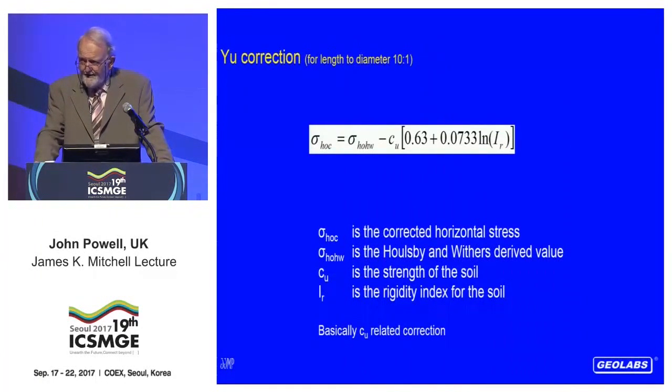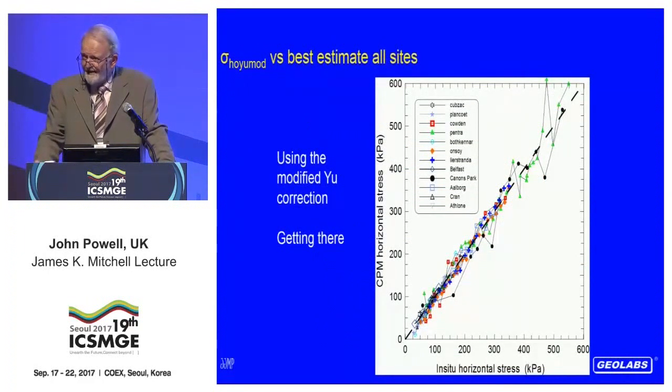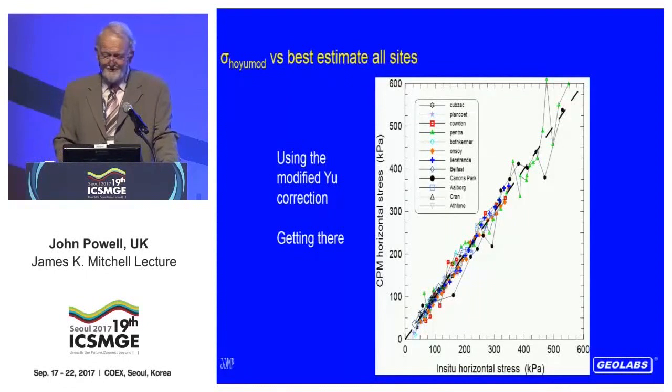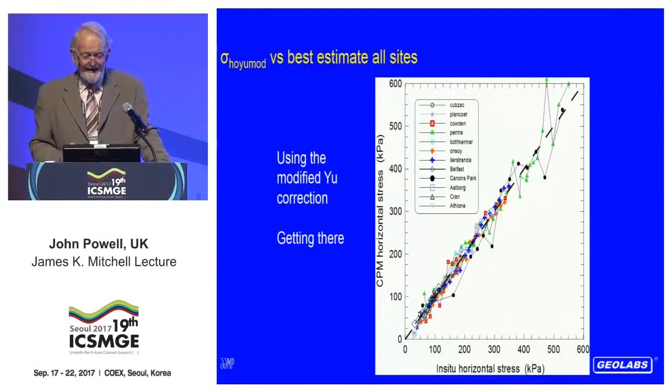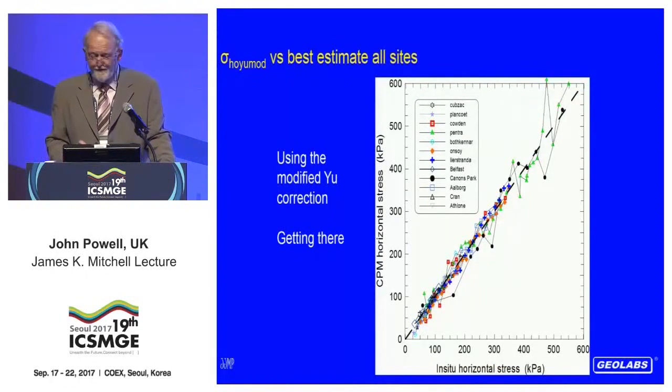A few years ago, Hi Sweu came up with a correction of this type to correct the interpreted horizontal stress to reduce it. It's a CU-based correlation. And when we apply that type of correlation with certain little tweaks and modifications, you can see the remarkably good agreement we then get. So there's real promise there and a way forward, we hope.